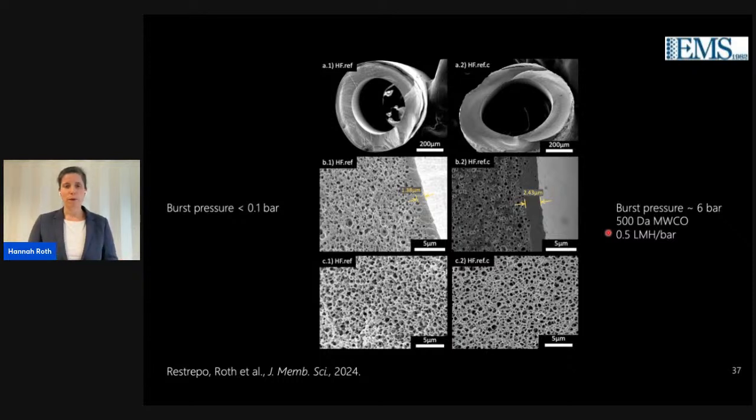And what is also worth looking into is that when you don't use them in aqueous environments, these ionically cross-linked groups will of course also be very stable. So we could even use these membranes without cross-linking.